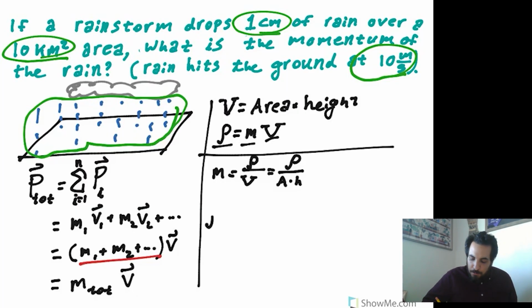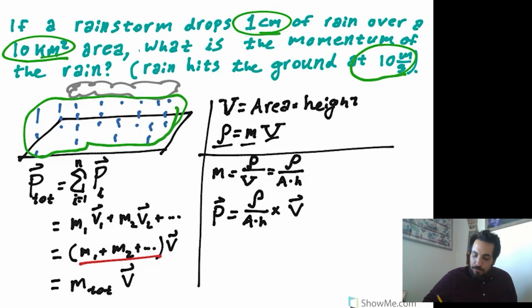So that means that the momentum P is equal to the density of water, rho, times the area and height multiplied together. And we multiply this by the velocity that our water hits the ground at.